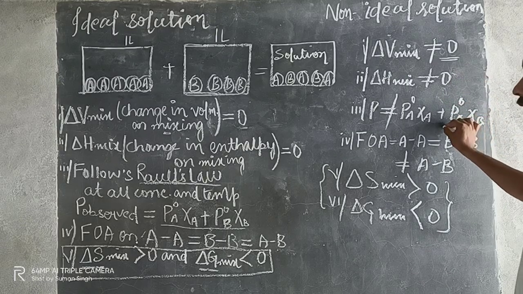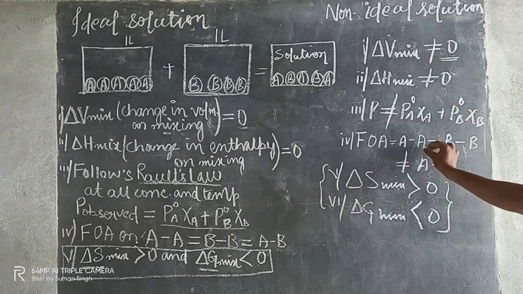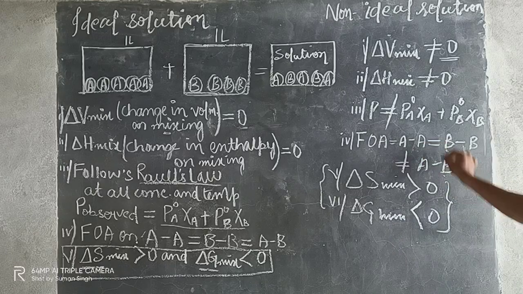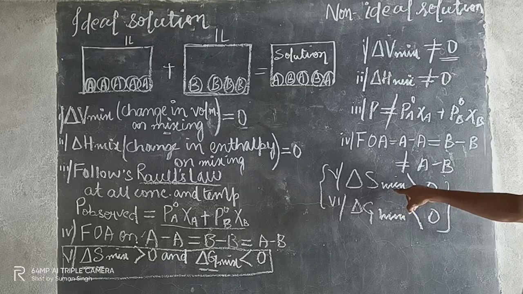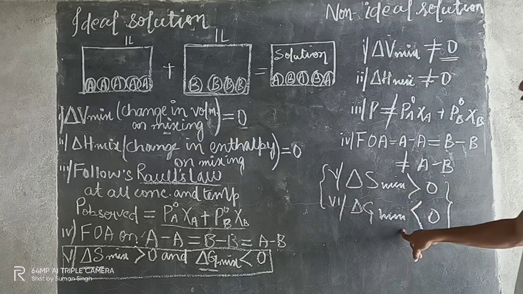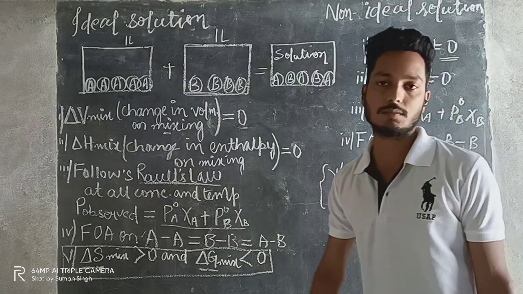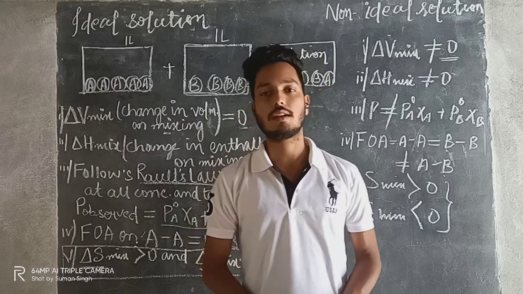If it does not follow Raoult's law at all concentration and temperature, then it is a non-ideal solution. And if the force of attraction of AA and BB is not equal to AB, then it is also called a non-ideal solution. And for change in entropy and Gibbs free energy, this will be the same for both ideal and non-ideal solutions. So I hope you have understood what is an ideal solution and a non-ideal solution.